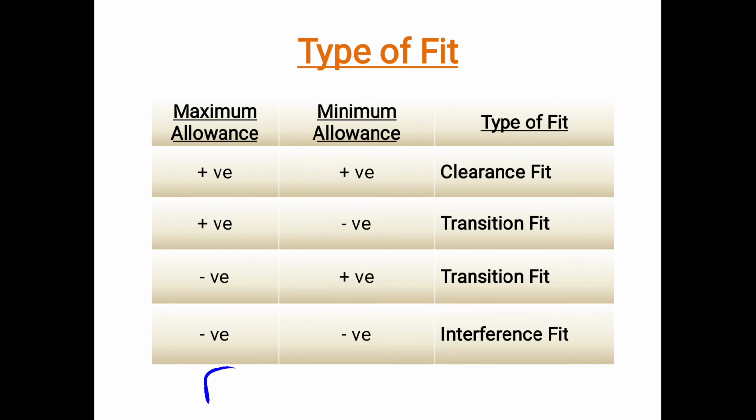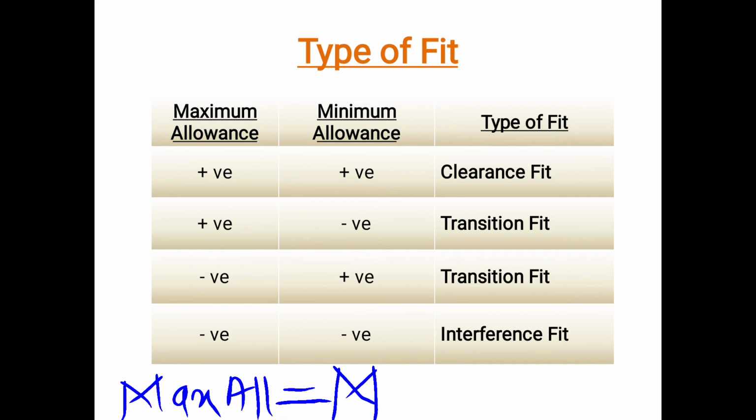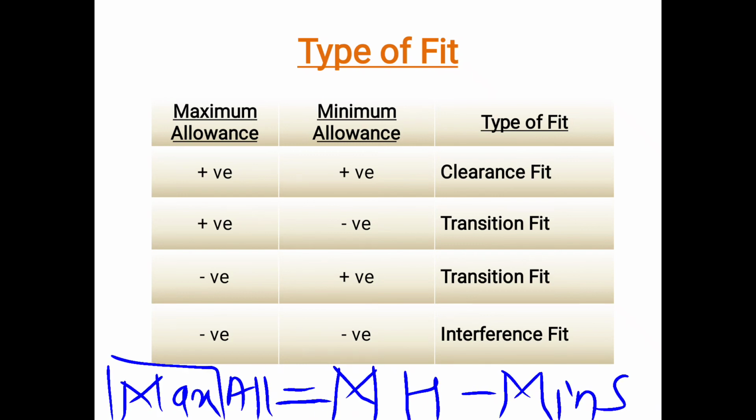Maximum allowance is equal to maximum limit of hole minus minimum limit of shaft. Keep it in mind, for maximum allowance, maximum limit of hole and opposite to that, minimum limit of shaft.